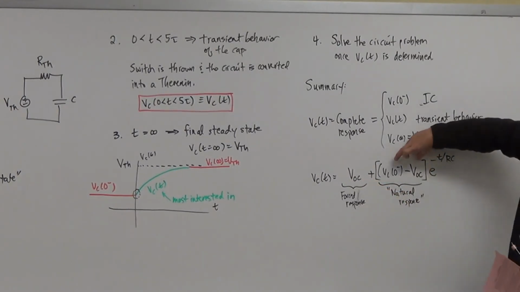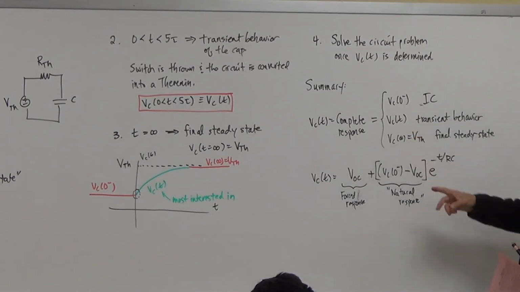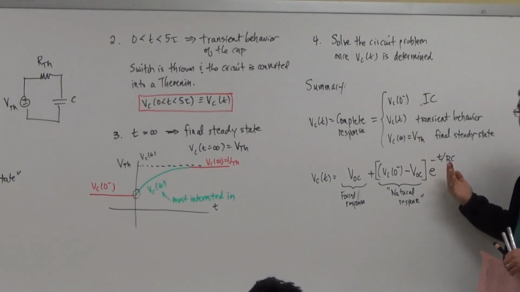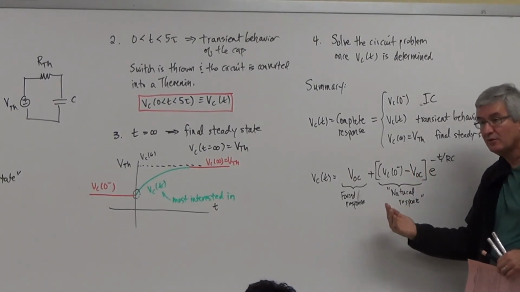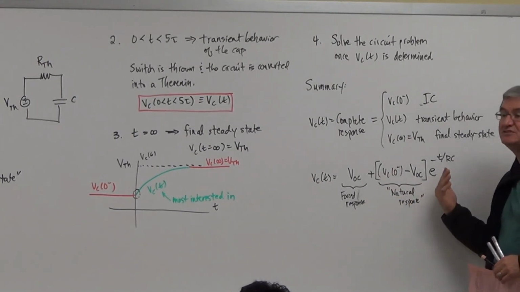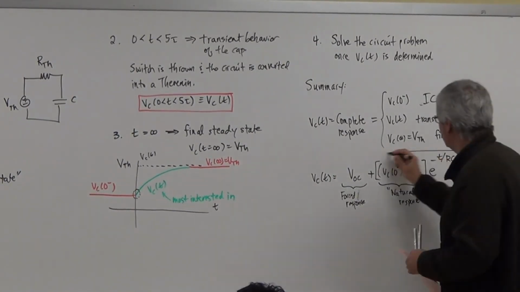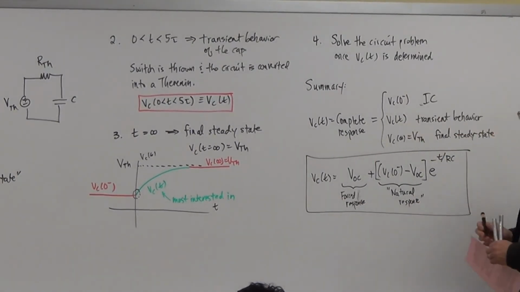So it depends on how big of a step there is from the initial condition to its final steady state value. And that exponential essentially says, how do I move from this initial value? How quickly do I decay from my initial value to its final value? So that's effectively where we're headed. This is the solution we will derive here. Okay?